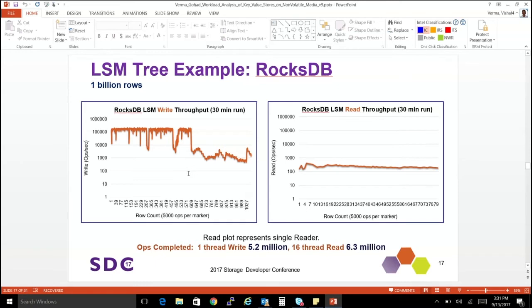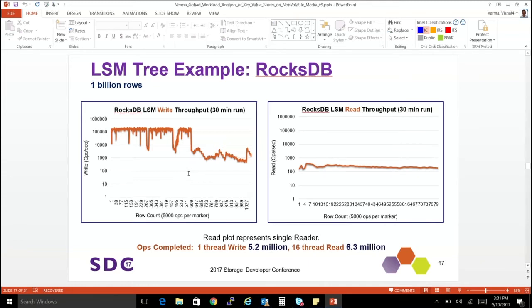So now we have some ideas on how the LSM tree works, and running with dbbench, how does it look in real time? There is this same ReadWrite workload which I mentioned before. We ran here with 1 billion rows, and we wanted to see over time, does it really degrade write performance, or how is my read performance behaving?